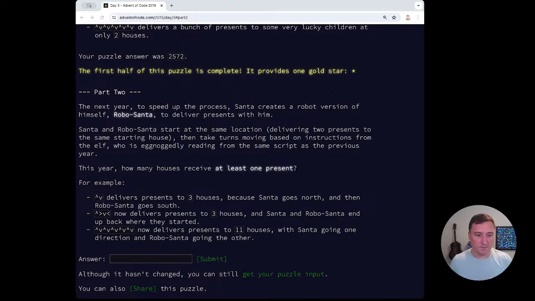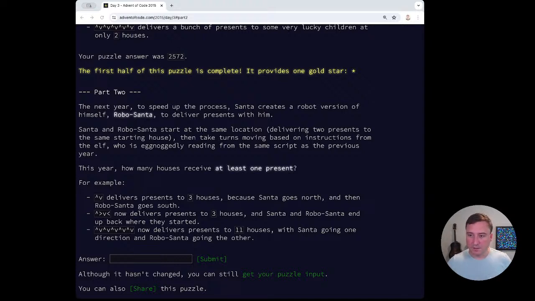Let's change this to visited houses. Or we can leave visited houses delivered to and create a new method, visited houses.